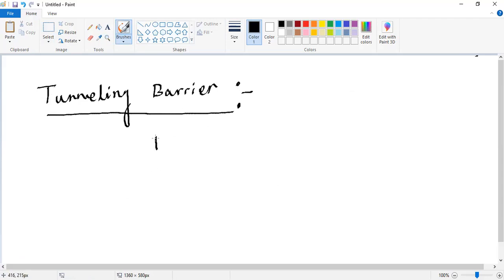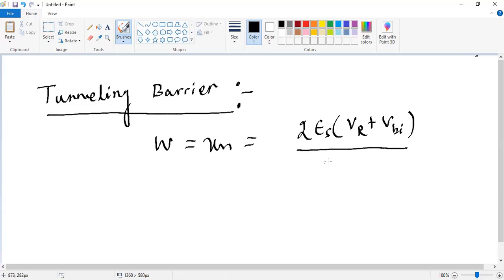W, the space charge width in a metal semiconductor junction, can be written as the square root of twice epsilon s times VR plus VBI, where VBI is the built-in potential barrier, VR is the reverse bias voltage, divided by e times ND, where ND is the doping concentration. It is an N-type semiconductor, as we are writing ND, and epsilon s is the semiconductor permittivity. So this is given as the space charge width.